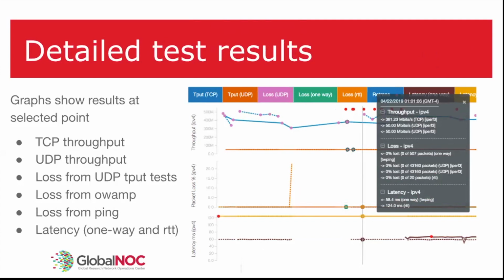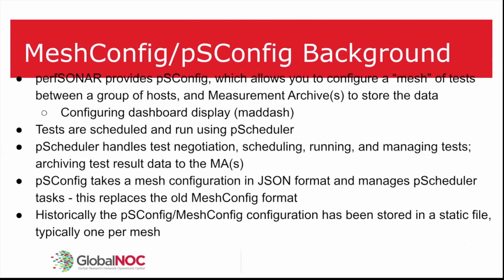This is just a random pair of hosts on our dev test bed, but you can see that there are throughput results for TCP and UDP, and we're getting loss from TWAMP and iperf3 UDP tests, as well as ping. And then we have one-way latency results from TWAMP and round trip time as well. So all of these tests need to be configured within the pSConfig format.